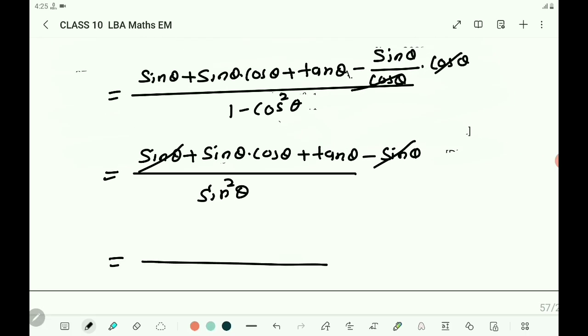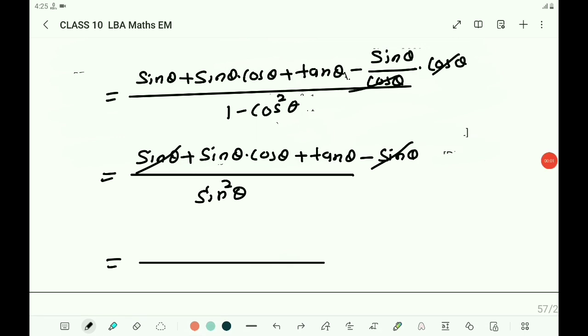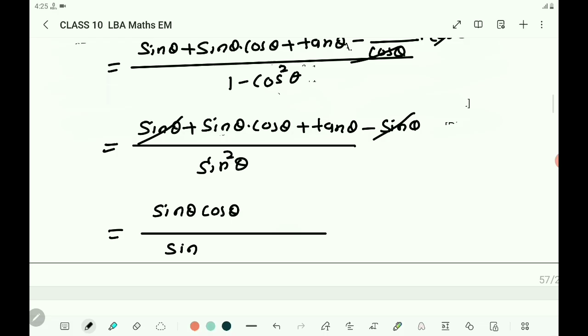Here in the denominator what is? Now you write sin theta cos theta by sin square theta plus tan theta by sin square theta.